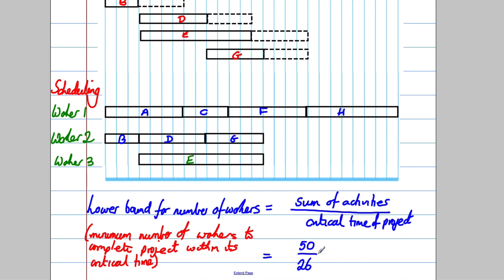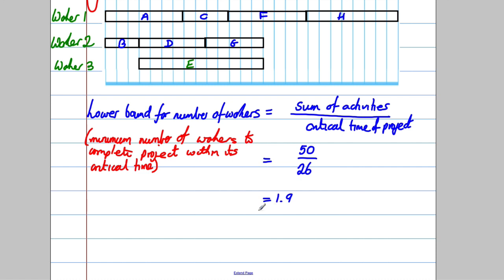And if I did 50 divided by 26, what exactly would I get? So 50 divided by 26, you get yourself 1.9.